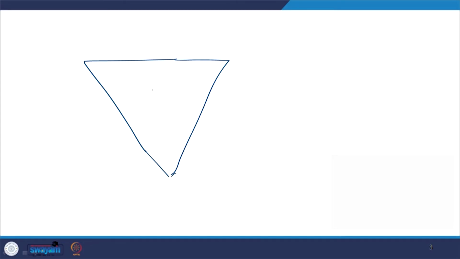So, mind it, when you are doing these measurements, basically it is like this. So, there is an interface here.